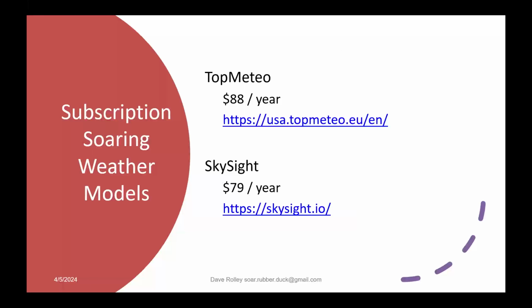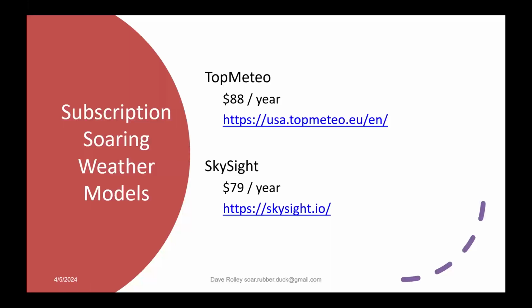My personal opinion is the TopMeteo folks, it was a lot of hand waving and, yeah, we have lots of experience and we know what we're doing. And when I talked to Matt about SkySight and indicated there were some things I was seeing, he was really willing to discuss their approach and provide adjustments if their model wasn't working correctly in our area.